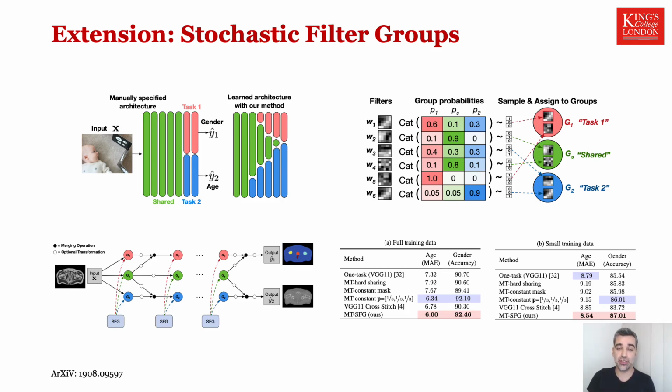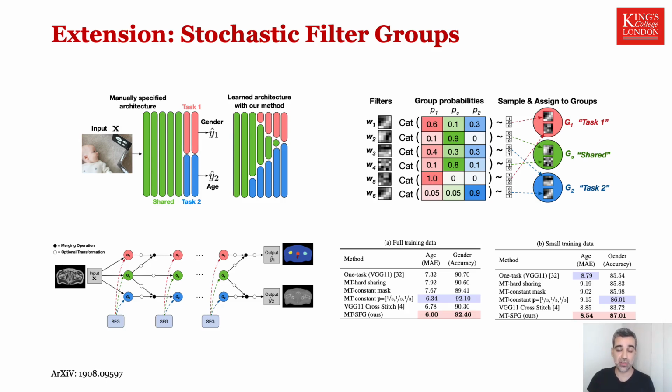You can do this by using these stochastic filter groups, which is a specific type of operator that maps a certain set of parameters to one of these groups, task 1, task 2, and shared, according to a value of p. And this value of p for each one of these, p1, p2, and ps, is optimized during training and is also sampled at each forward pass.